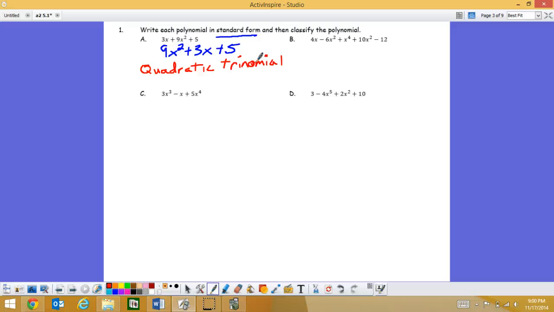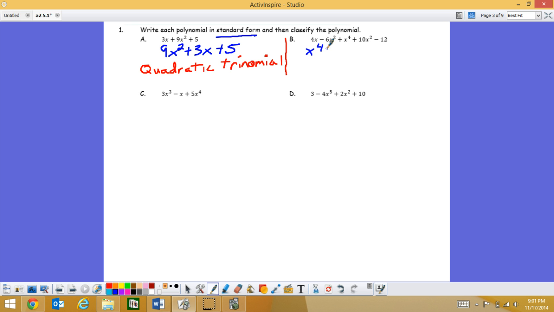Now in this next one, we have some like terms that we need to combine. Again, we're going to look for the largest exponent first. In this case, it's the 4. So we're going to have x to the 4th. And then our next largest exponent is 2.